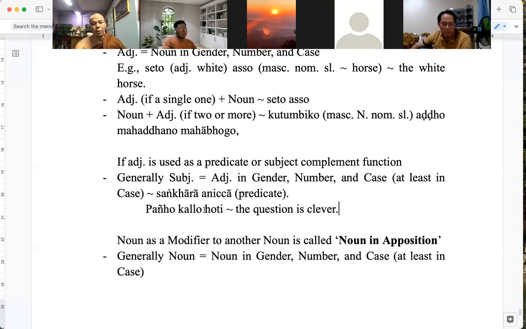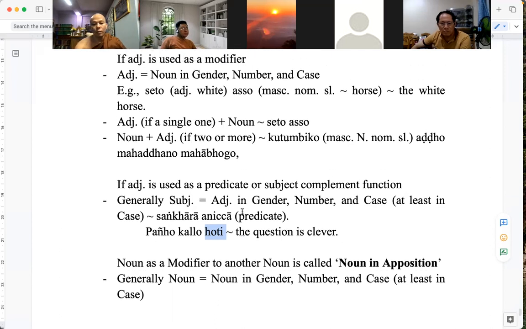Here it is with the verb hoti. We can also see binyo kan lo without it, but grammatically they are different functions. Without hoti it is a predicate, but with hoti maybe a subject complement. The grammatical point is different, the meaning is the same, no problem. Later we'll see that one. That is why I explain in advance.